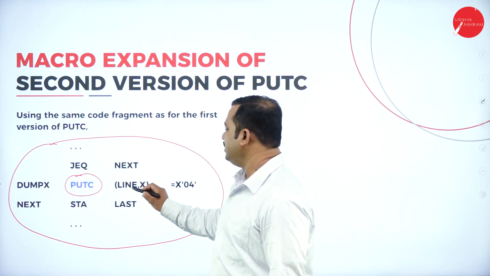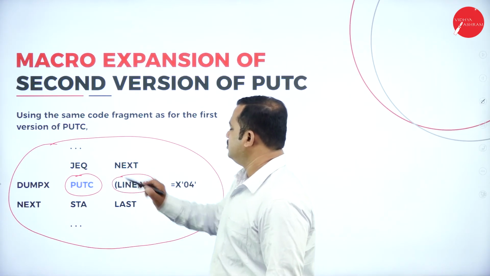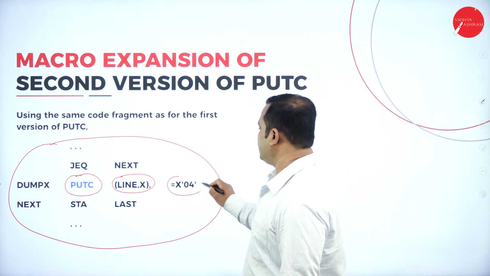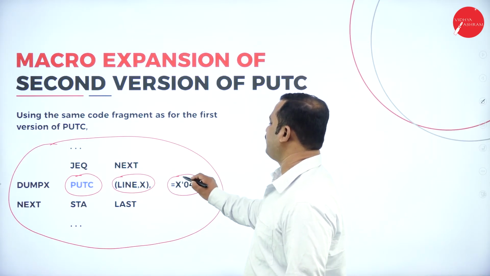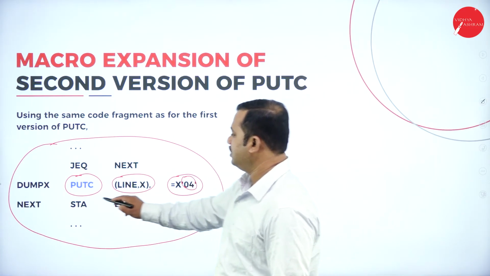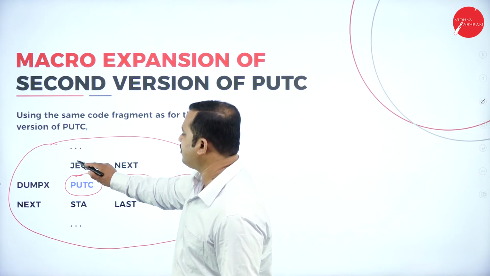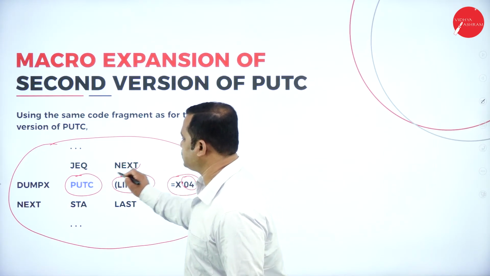What does that line indicate? Wherever we have that, it is going to be exchanged, that is X and 04. X is the character from which device? Device identified by the value 04. Then STA. Jump if equal, next. It comes to the next.